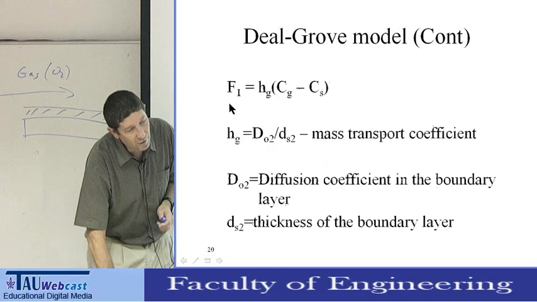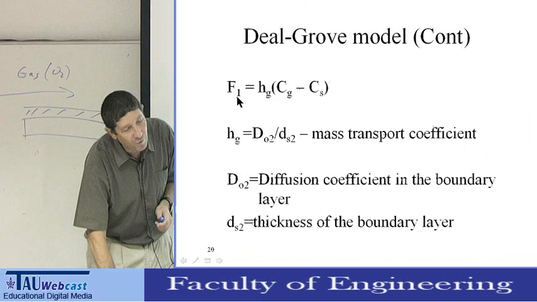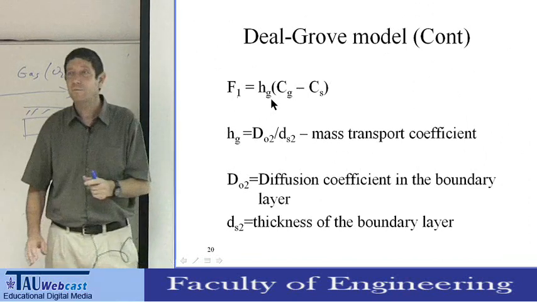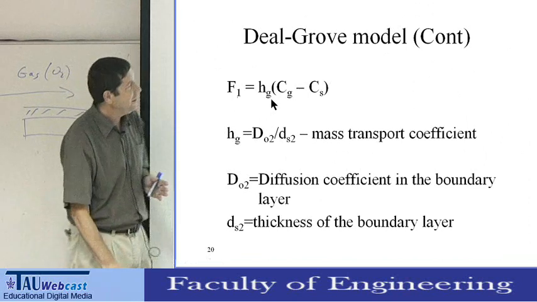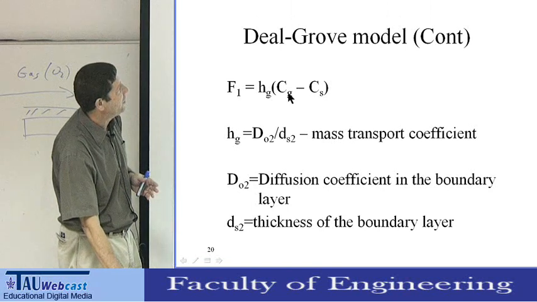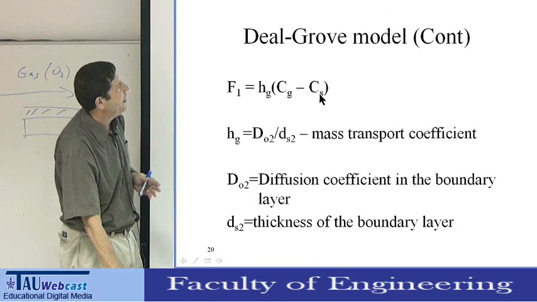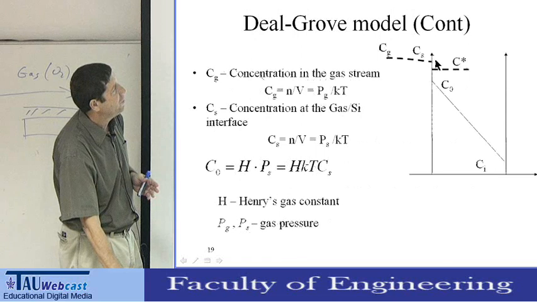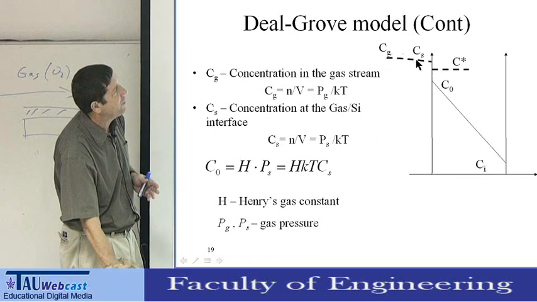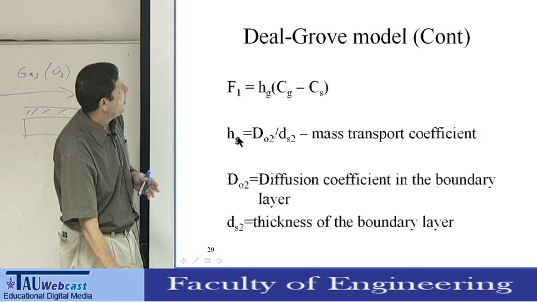So if we write this equation, we can immediately calculate F1. F1 depends on the difference between the concentration in the gas minus the concentration next to the surface. The difference in concentration between these two points drives the gas from one point to the other. Now, what is Hg?